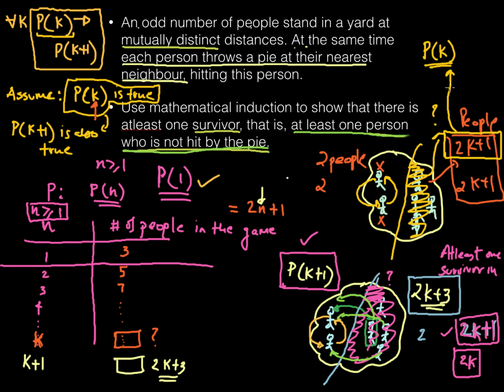And here's the key: because 2k plus 1 people is an expression of P of k, and I've already assumed that P of k is true, then that implies that there is at least one survivor, because that's the assumption I started with to show whether P of k plus 1 is also true. Because this is true, I do know that there is at least one survivor in there.